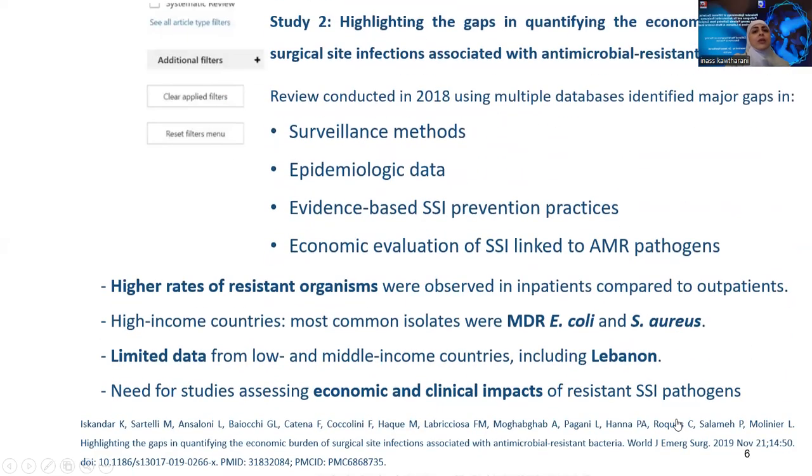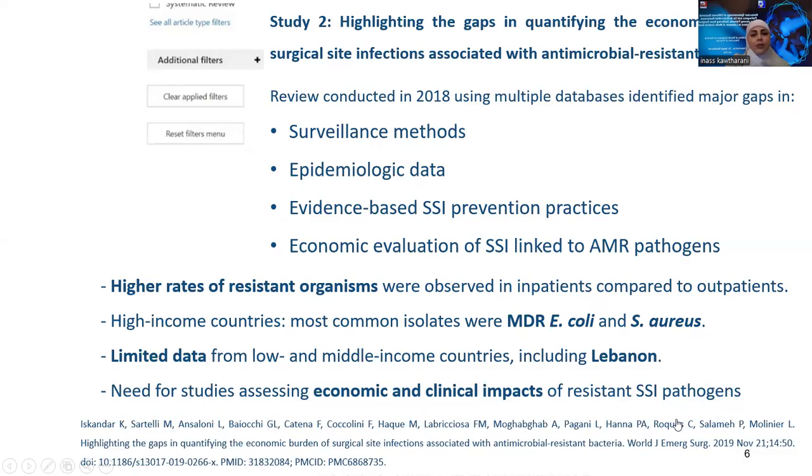Then the second one, a review done by Iskander and his colleagues in 2018, highlighting the gaps in quantifying the economic burden of surgical site infection associated with antimicrobial resistant bacteria. It identified major gaps in surveillance methods, epidemiologic data, evidence-based surgical site infection prevention practice, economic evaluation of surgical site infection linked to antimicrobial resistant pathogens, and a higher rate of resistant organisms was observed in inpatients compared to outpatients.